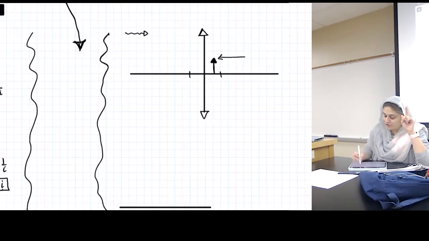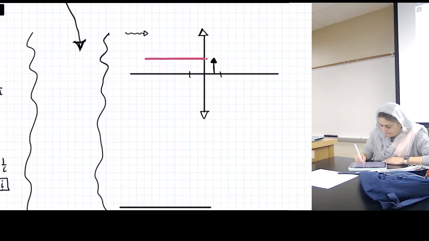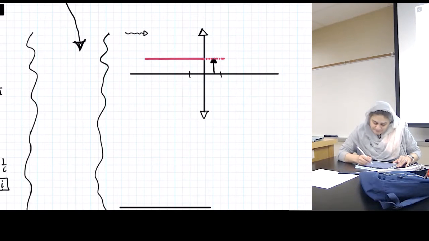So here's the trick. The light still comes through here, and it still goes through as if it's converging.